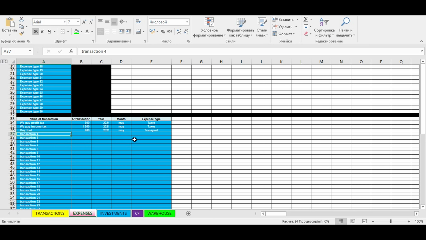Then, for example, we decided that we need to finance our advertising campaign, for example, Google Ads, and this will cost us $800.